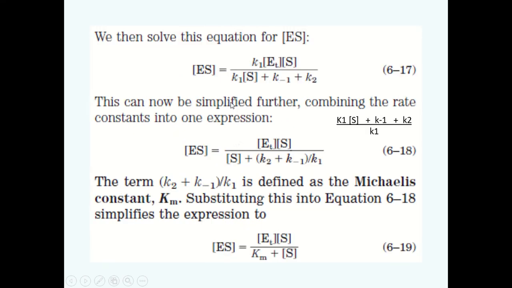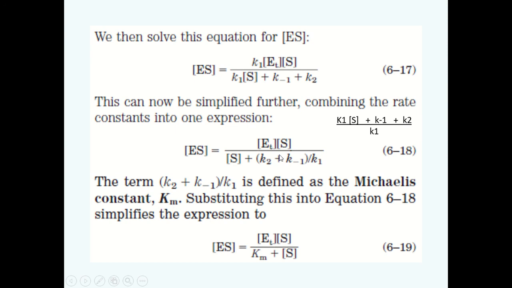So if you look here, you can find that this is a ratio of the rate constants: the rate constants for the breakdown of the enzyme substrate complex and the formation of the enzyme substrate complex. Collectively, these three rate constants are represented by another constant, which is called Km.